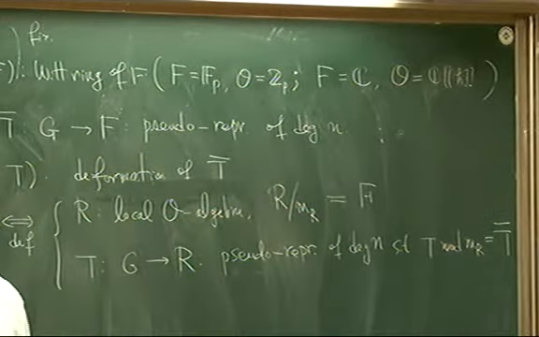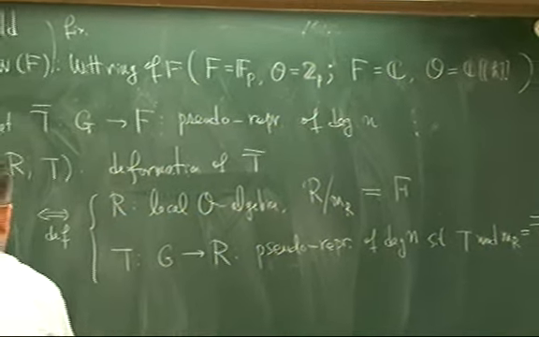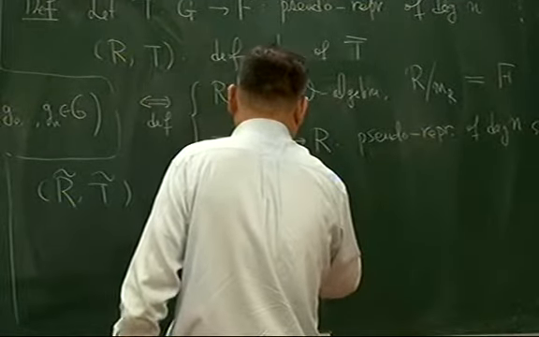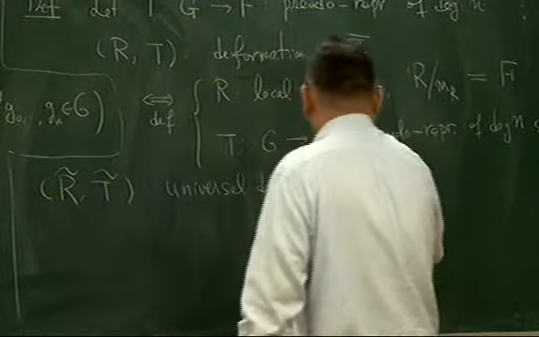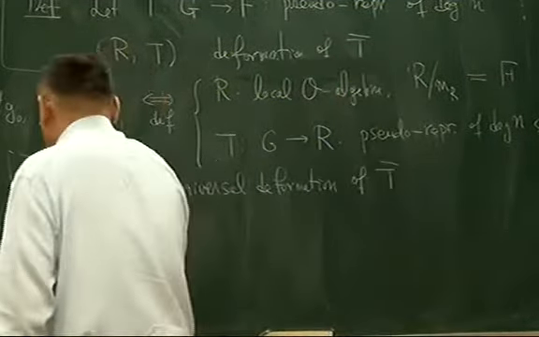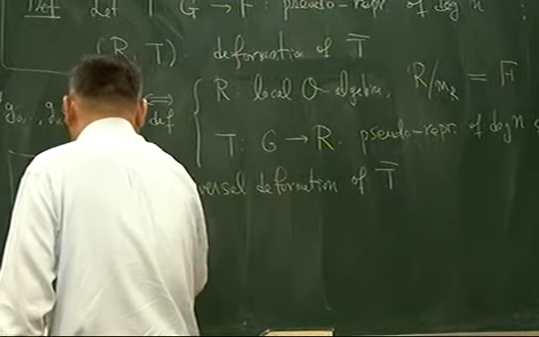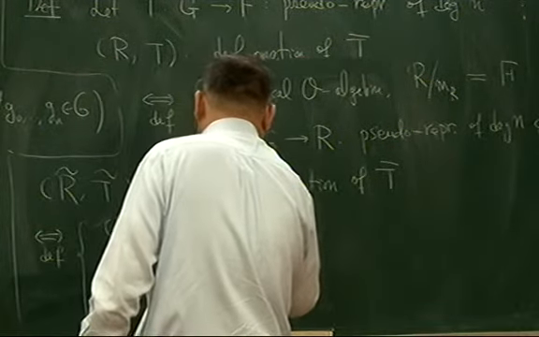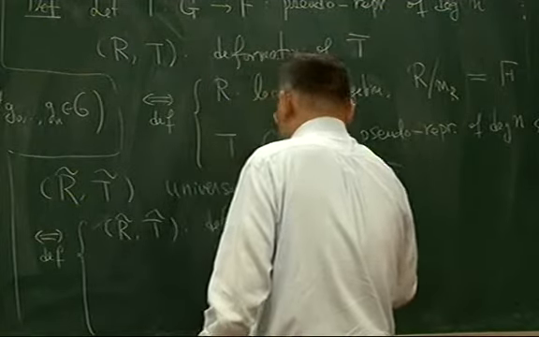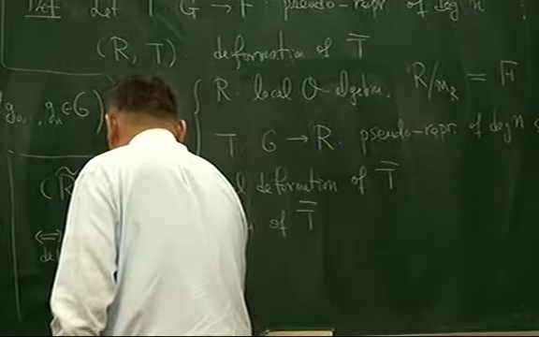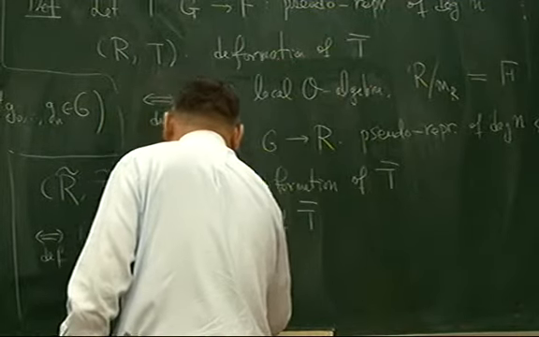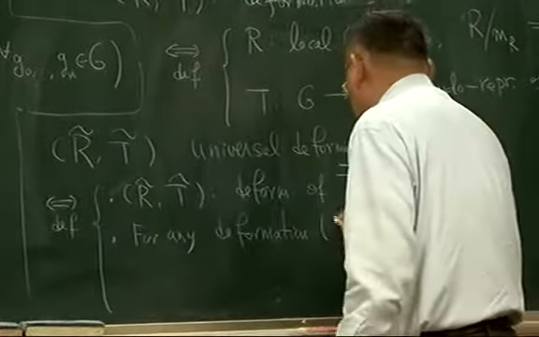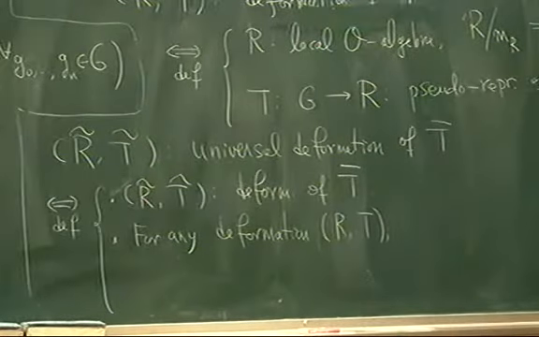And also we call R tilde and T tilde a universal deformation of T bar if R tilde and T tilde is a deformation of T bar, and for any deformation R, T, we have the following universal property.